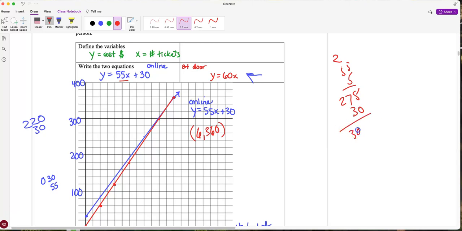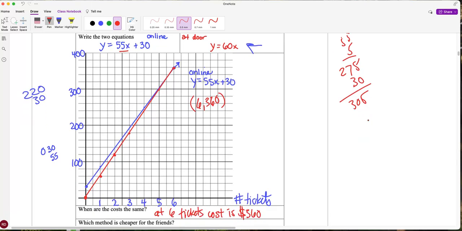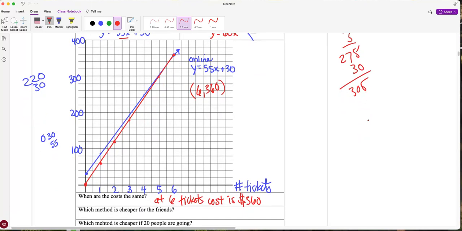That's 305. So this one, the blue line, is still higher. So the blue line is more expensive until you get to 6, but they're going to cross there at 6. And then once they cross, the red line is going to be there.